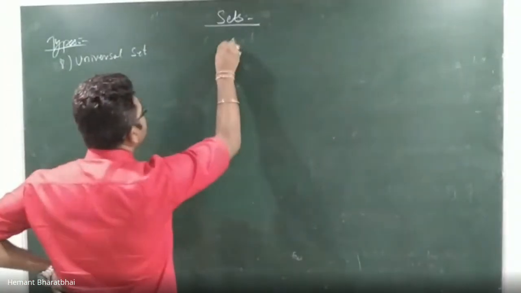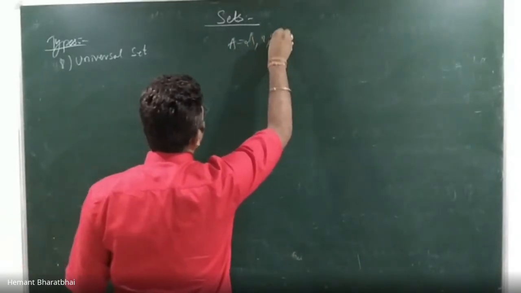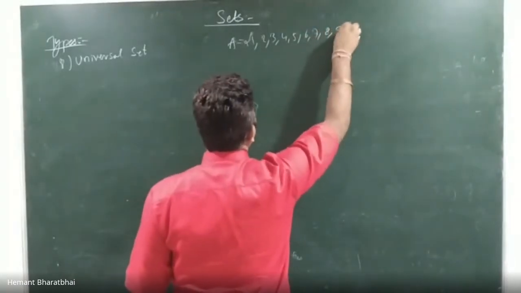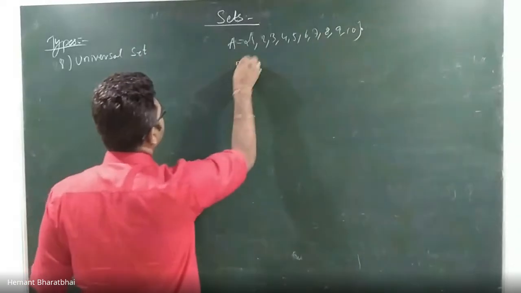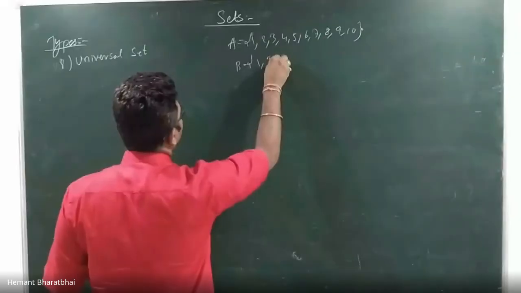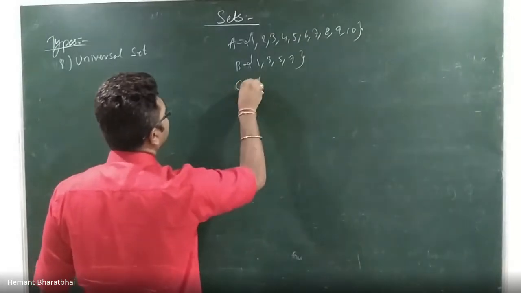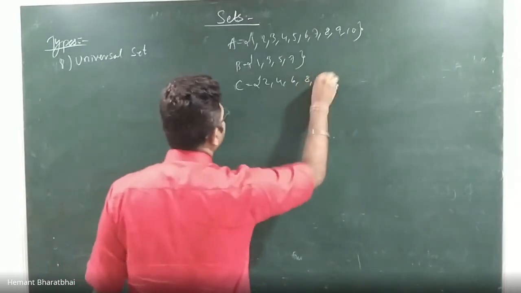Let us see one example. If I write A is equal to 1, 2, 3, 4, 5, 6, 7, 8, 9, and 10. I write set B as 1, 3, 5, 7. I write set C as 2, 4, 6, 8, 10.